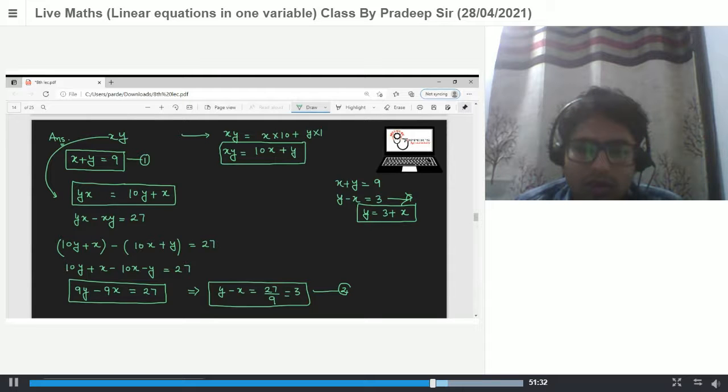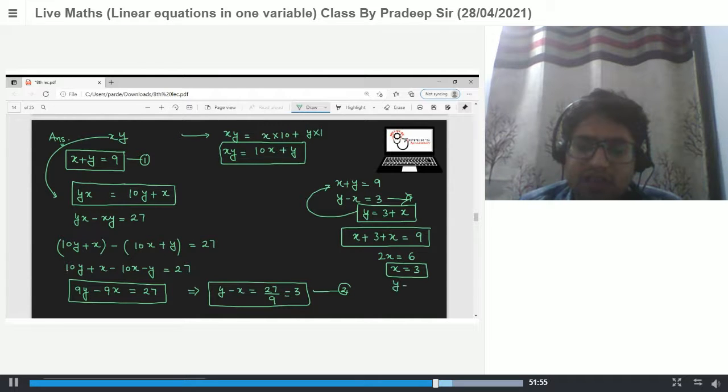Put this in x plus y equal to 9. So x plus 3 plus x is equal to 9. It means 2x is equal to 6, so x is equal to 3. So y is 3 plus 3, which is 6. It means x is 3, y is 6.